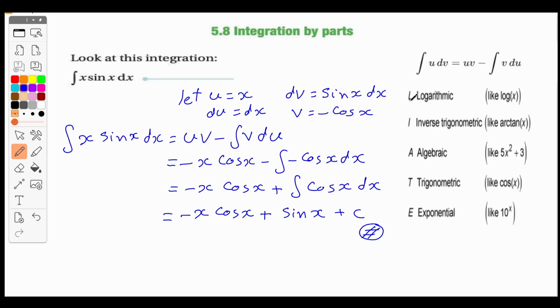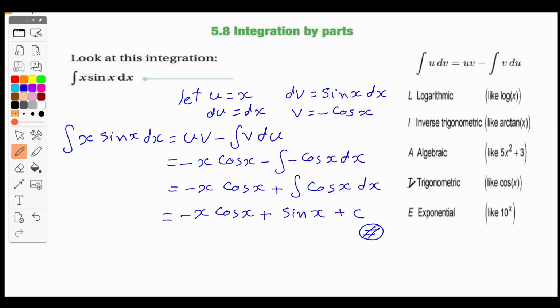If we have a ln, or logarithmic, or log, we choose it as u first. The second one is inverse trig, like sine inverse and cosine inverse. Then next algebraic, like x squared or x.